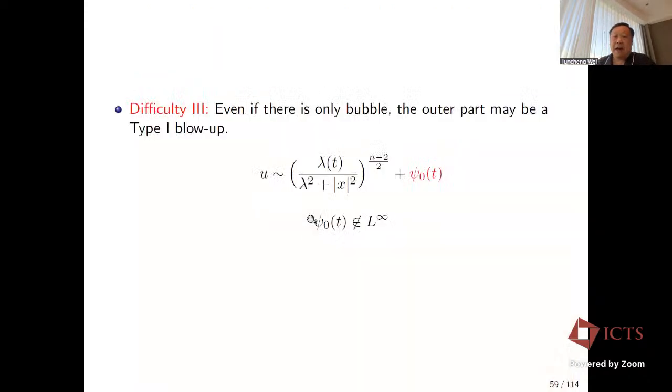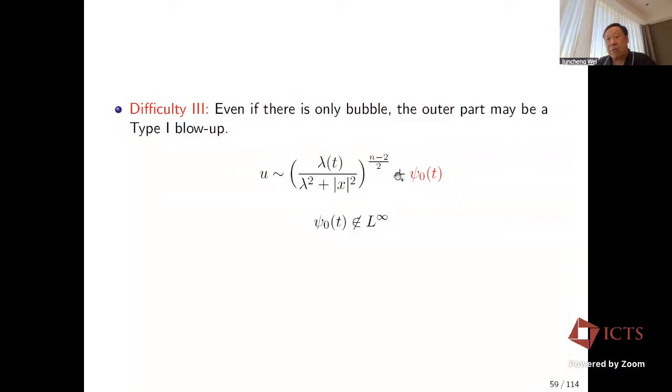Okay, and the third difficulty is, even if there's one bubble, the outer problem. In our construction, we assume the outer problem is L infinity, but in the analysis you cannot assume the outer problem is L infinity.